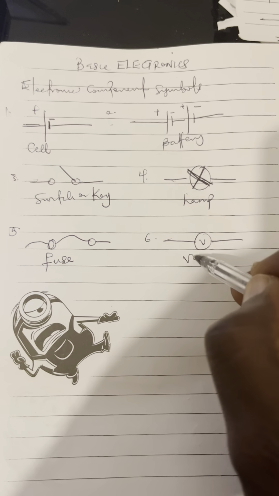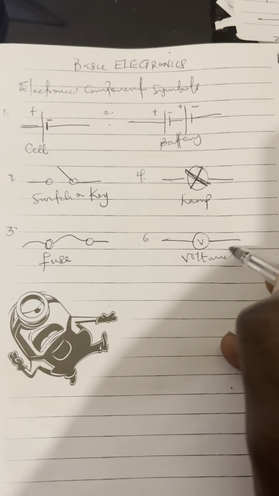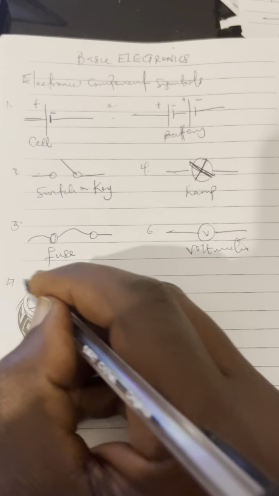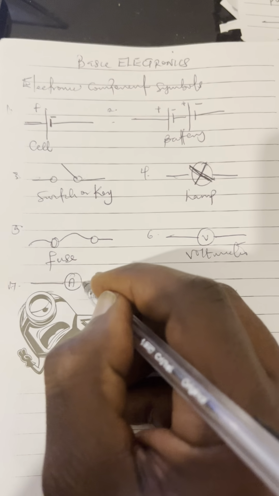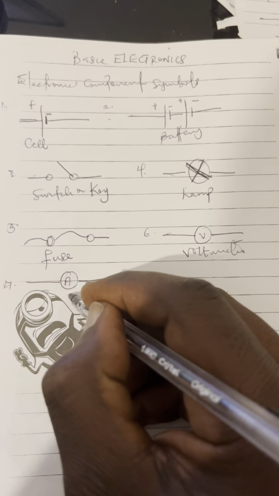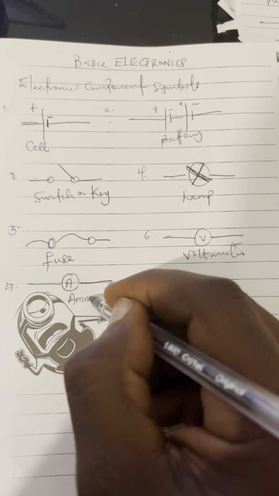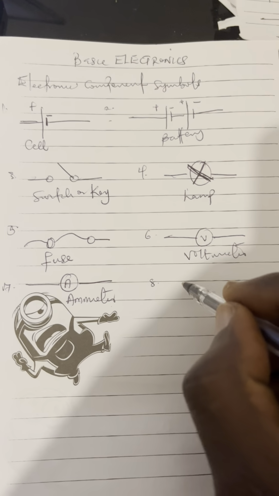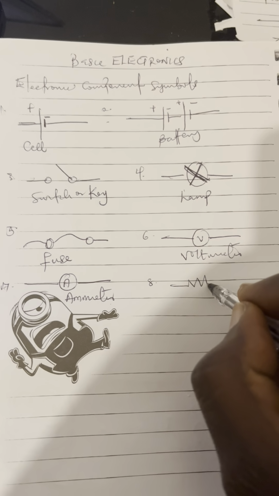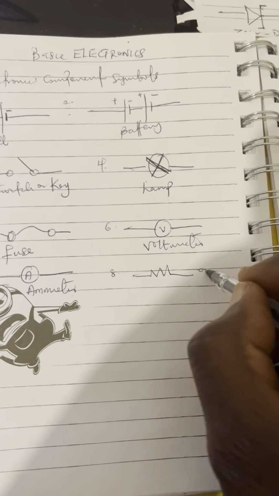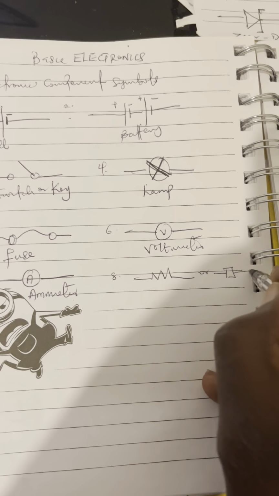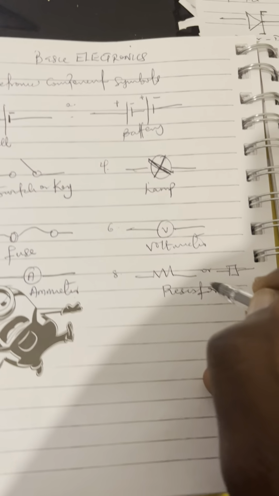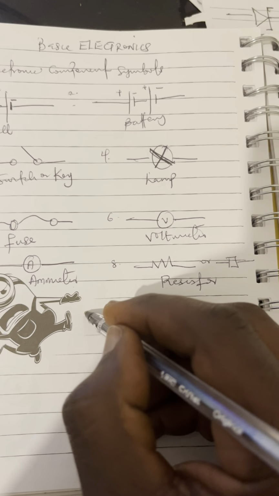This is a voltmeter. Let's take another one. This is an ammeter. Let's take another one. This is what? Something like this is a resistor. Resistor.